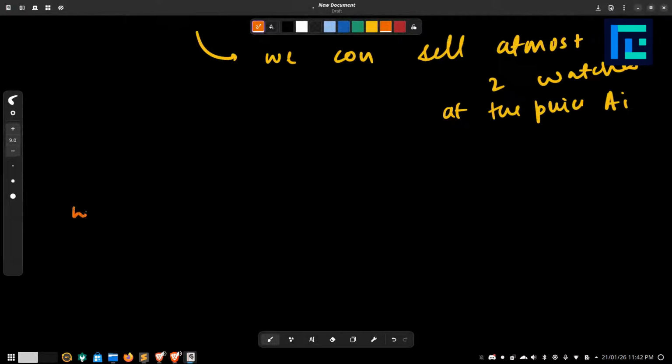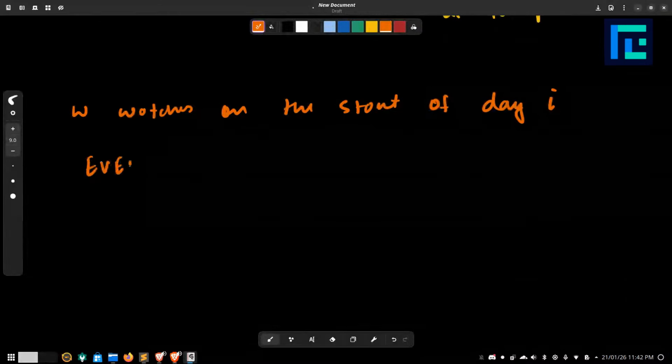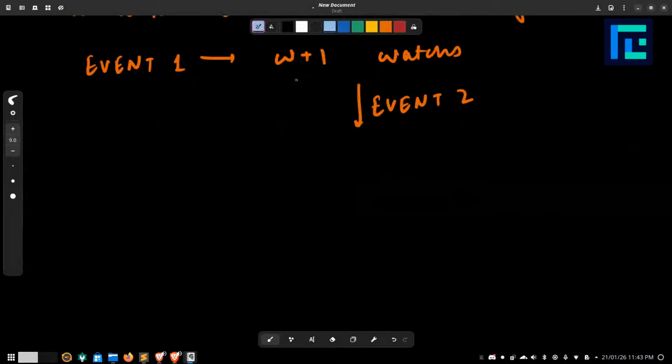So we can understand this like this. Let's say I had W watches at the start of day i. After event 1, I will have W plus 1 watches. And after this, in event 2, I will have 3 different scenarios.